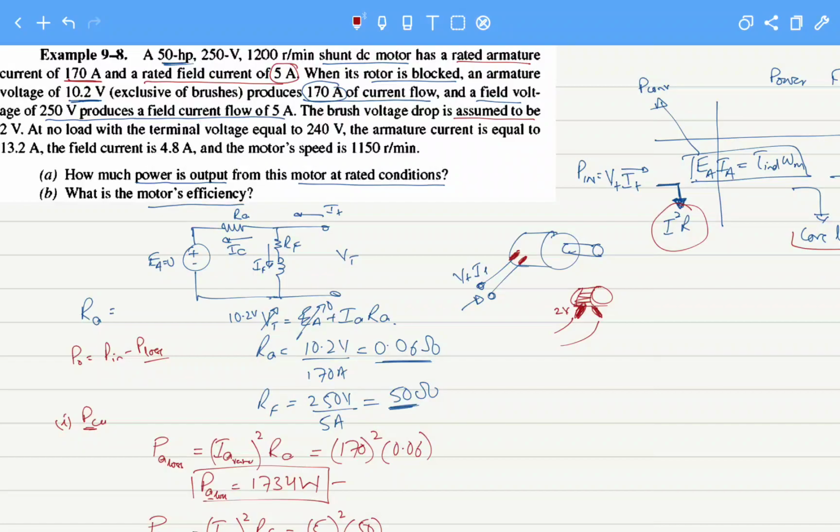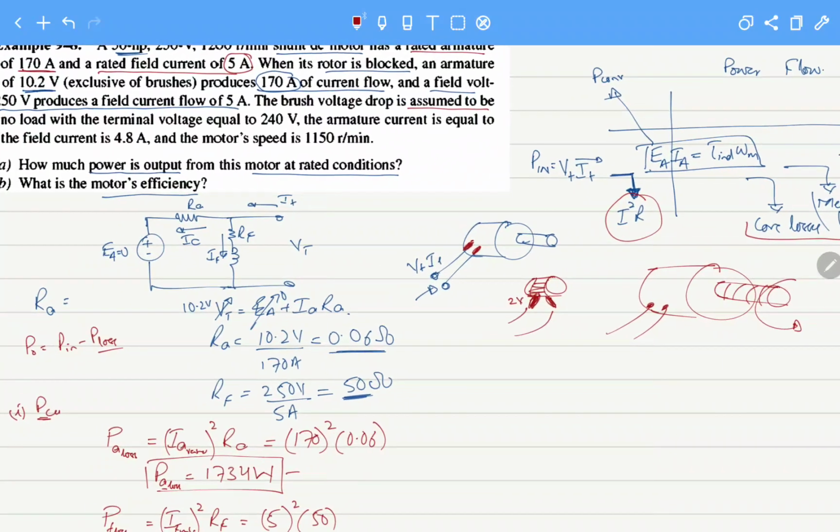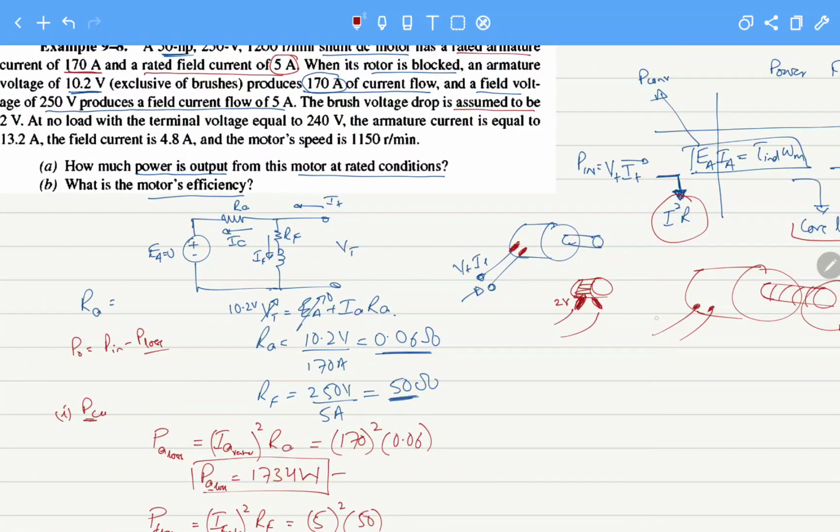He says that at no load, when there is no load connected to the motor and it is not rotating any object connected to it, I apply a voltage of 240 volts.